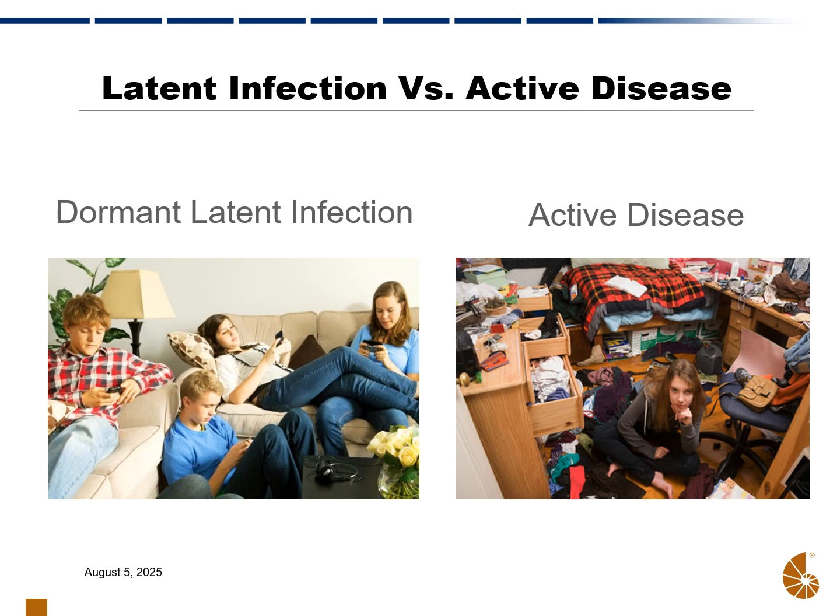This demonstrates the difference between dormant latent infection and active disease. You can see to the left, everyone looks preoccupied with their phones, but they're generally in an orderly fashion, whereas on the right, active disease is chaos, and the body is at risk for further spread.